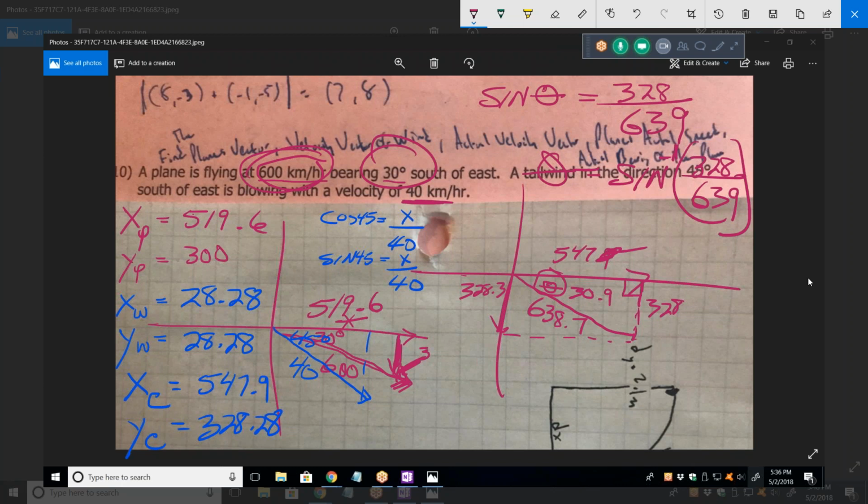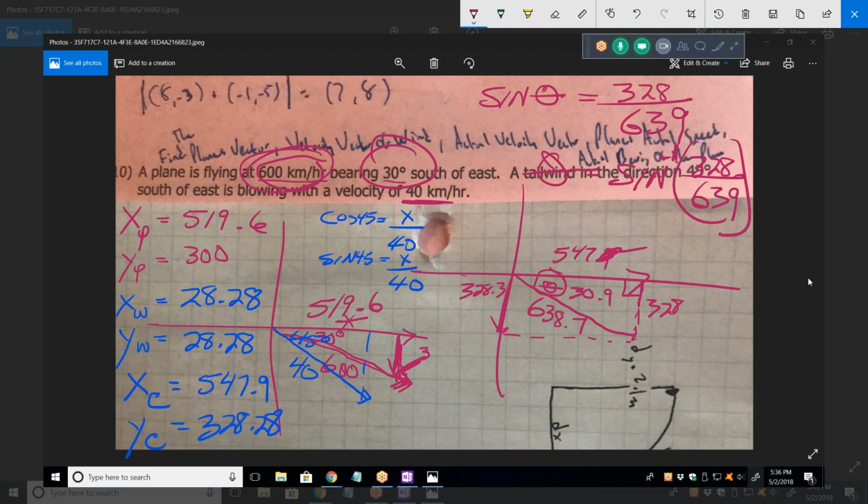Now, notice that I didn't necessarily have to use the Pythagorean theorem here. I could have used a trig function to solve for theta. I could have said the tangent of theta is 328 over 547. That would have given me 30.9 degrees. And then I could have said the sine of 30.9 is 328 over x, and I could have solved for that hypotenuse.